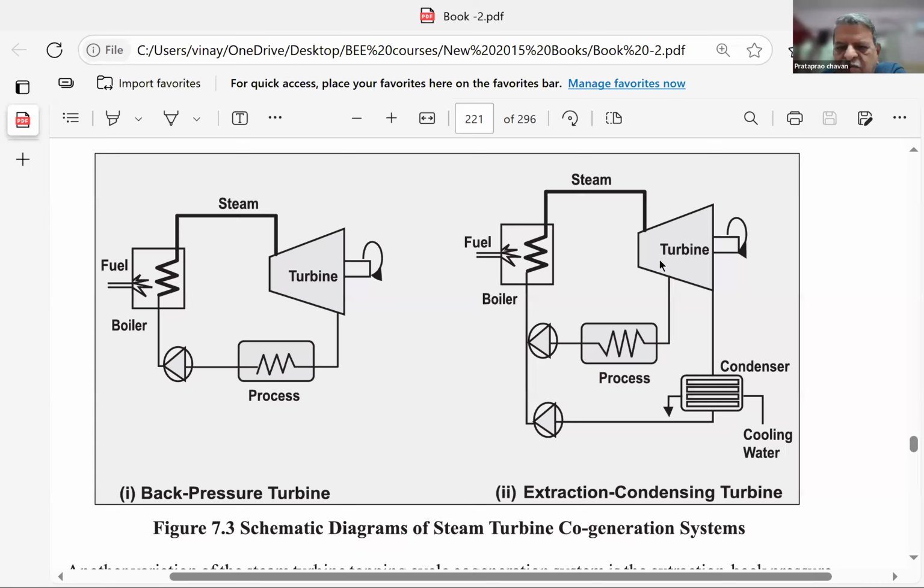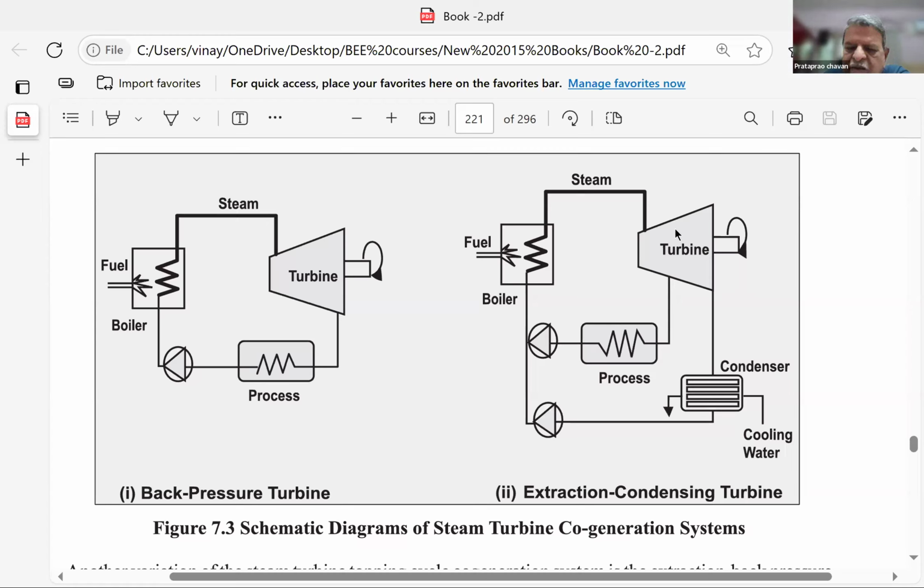Now take this case of turbine. In this turbine, partly they are tapping the high pressure steam. After doing part work, it will be exhausted here. It will be given to the process and back to the boiler.